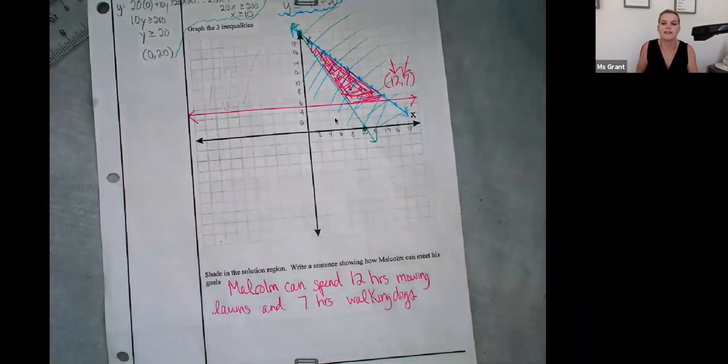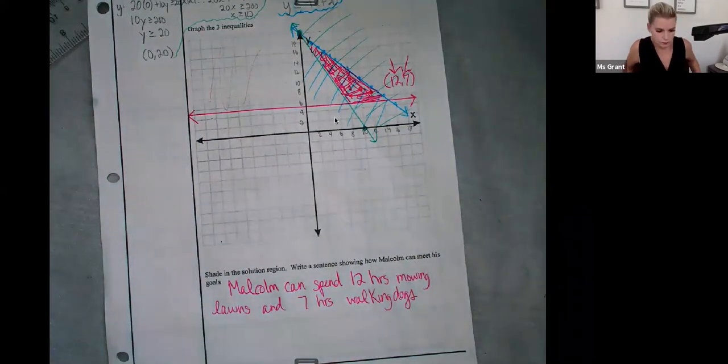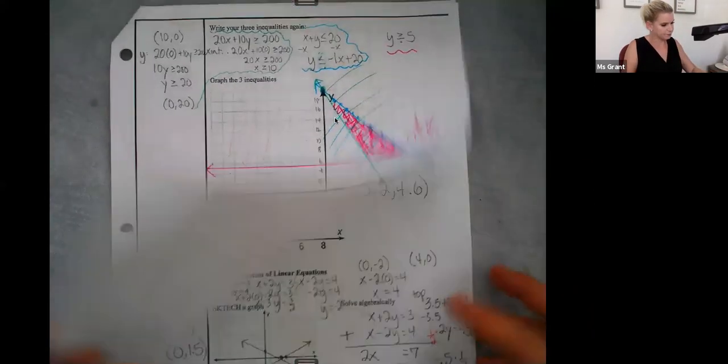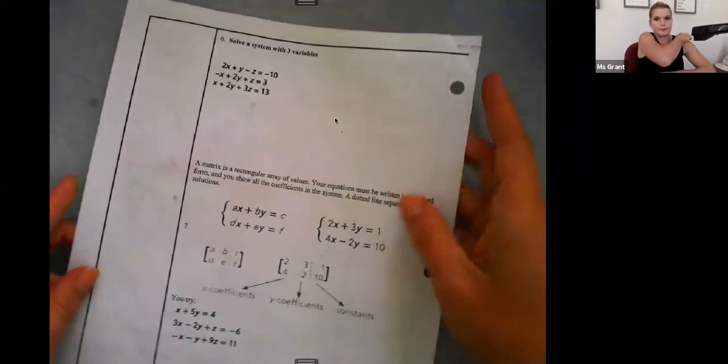Okay. If he spends that, he will meet his goal. If he spends his time in that way, 12 hours and 7 hours. And then he's still under 20 hours, so that's good. Okay. Shading all in common. All right.